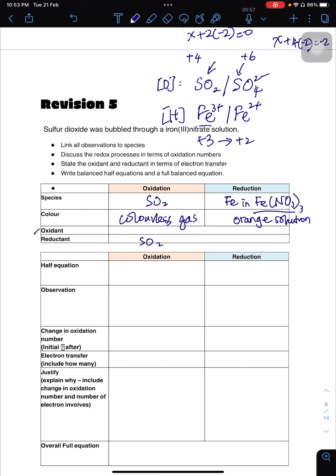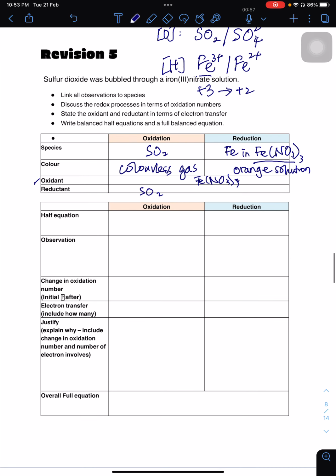And the substance that undergoes reduction will be known as the oxidant, because the oxidant will oxidize sulfur dioxide to sulfate in this case. So that would be iron 3 nitrate. So that's how you write the answer for the first half, identifying which one is oxidant and reductant.